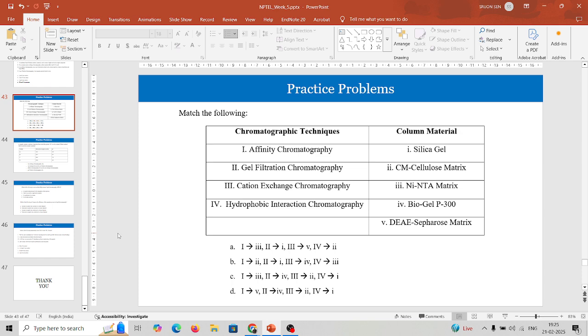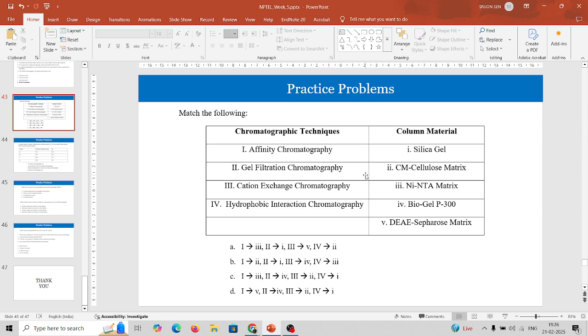Which is the correct option? Okay, let's see. Affinity chromatography, nickel NTA matrix. So 1, 3. Okay, so A or C can be correct.